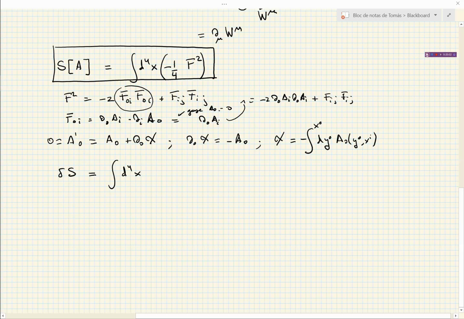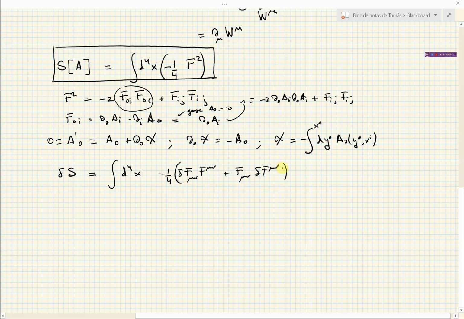x is not modified. Then I have minus 1/4. Then I vary f^{mu nu}, so I get delta f^{mu nu} f_{mu nu} plus f^{mu nu} delta f_{mu nu}. I'm doing this in full detail. Of course, in this variation, I can raise or lower these indices with the metric eta_{mu nu}, because the metric is not varied at all.